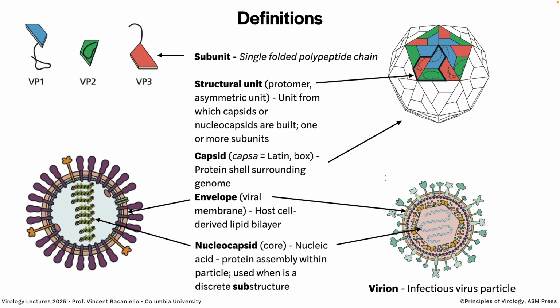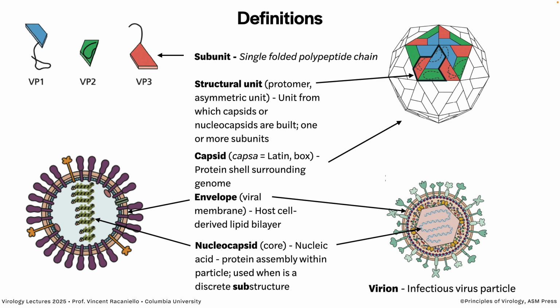And then the next in the hierarchy is structural unit, the unit from which capsids or nucleocapsids are built. A structural unit is typically one or more subunits. So here, for example, on the upper right, outlined in black is a structural unit. And you can see it's made up of 3 subunits, 3 different colors of proteins. So that illustrates this idea.